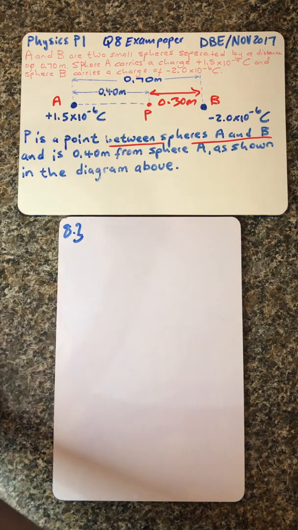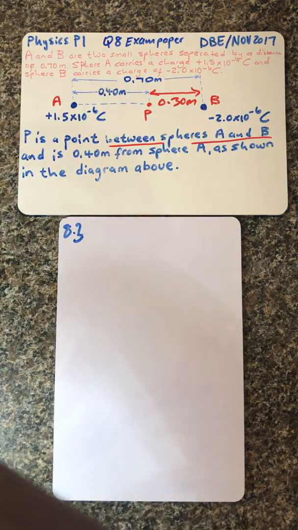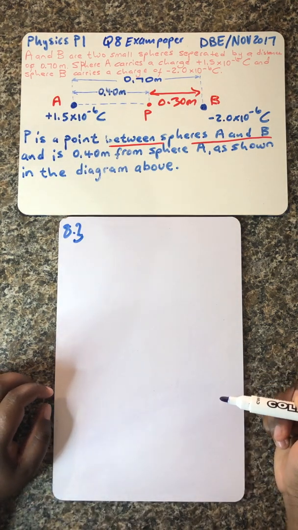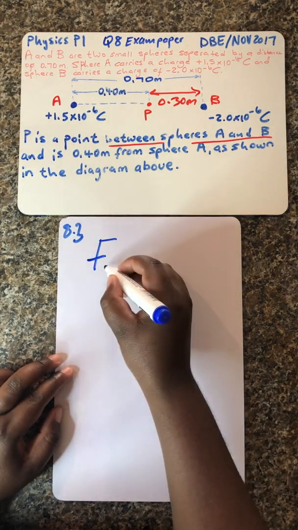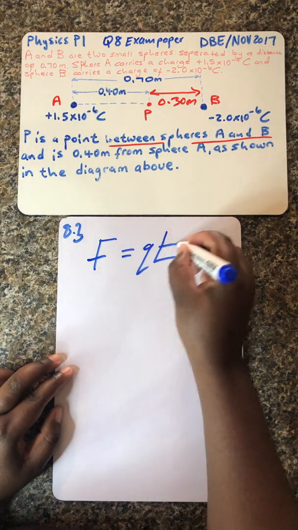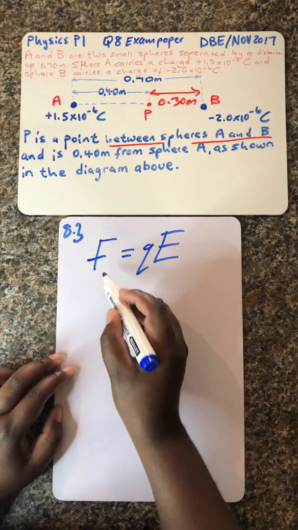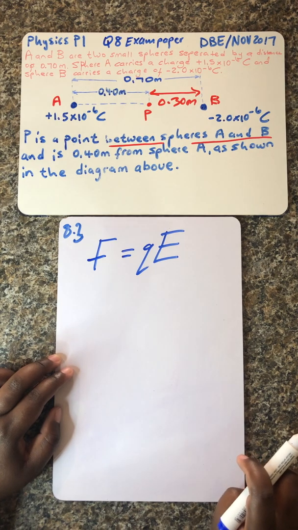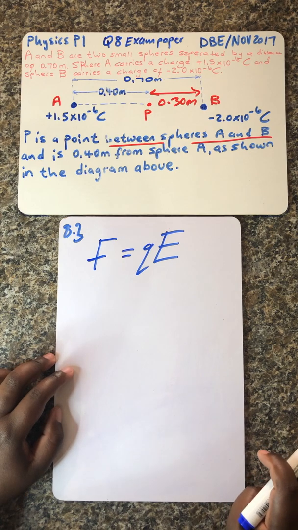So this is one of those easy questions where we won't have to stress that much. We won't have to waste a lot of time. You know guys, I've shown you the formula sheet with all the question papers that you need. There's a formula which says force is equal to charge multiplied by electric field. So this is the formula that we're going to use to calculate the magnitude of the electrostatic force experienced by this charge.